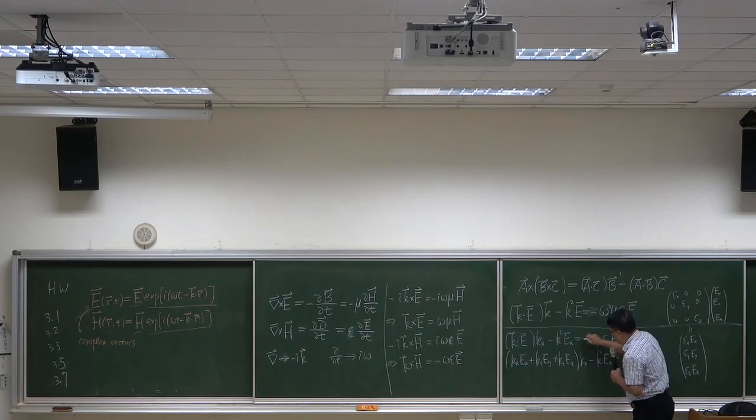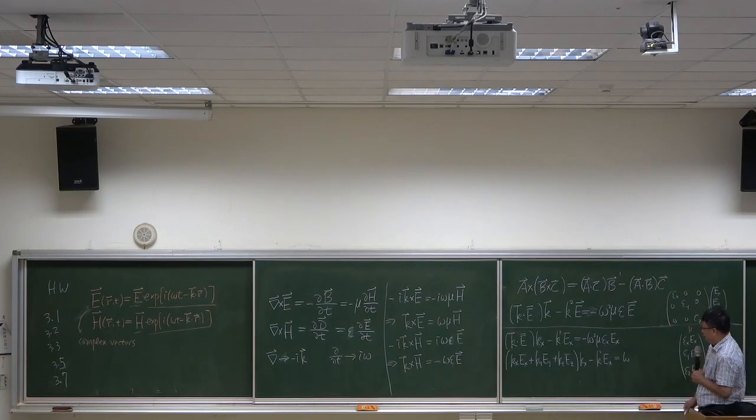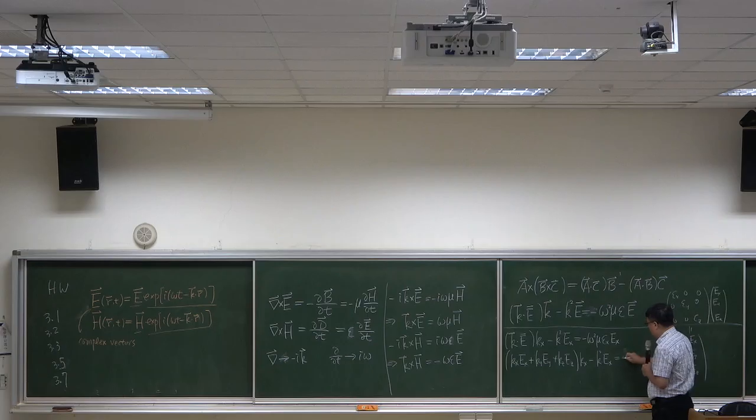We have a minus sign here. So minus omega squared mu epsilon x Dx.